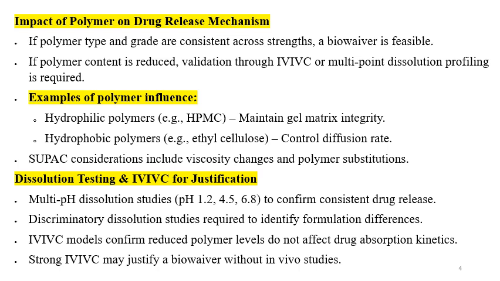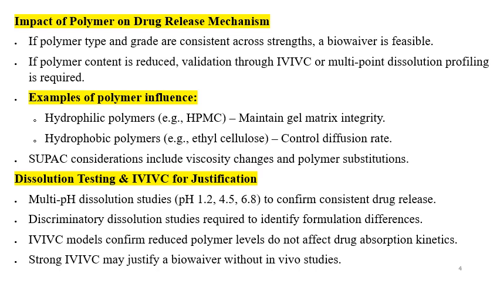Examples of polymer influence: among hydrophilic polymers, HPMC maintains the gel matrix integrity. Hydrophobic polymers like ethyl cellulose control the diffusion rate. The modified release or sustained release formulations may be monolithic or coated formulations.